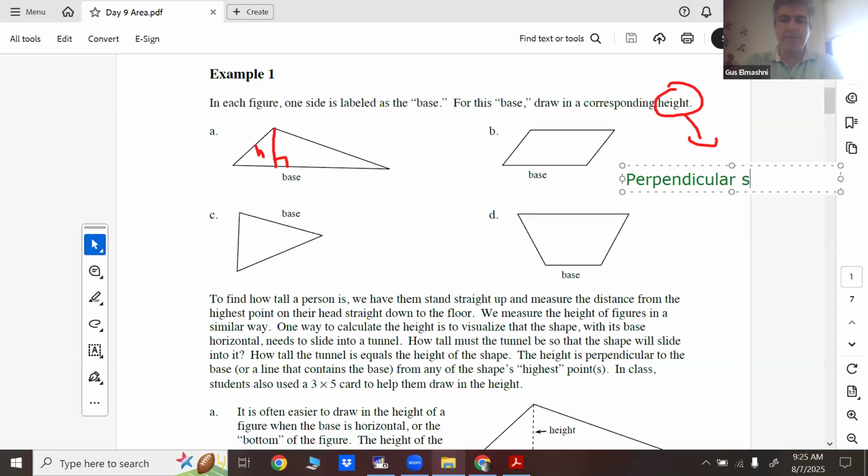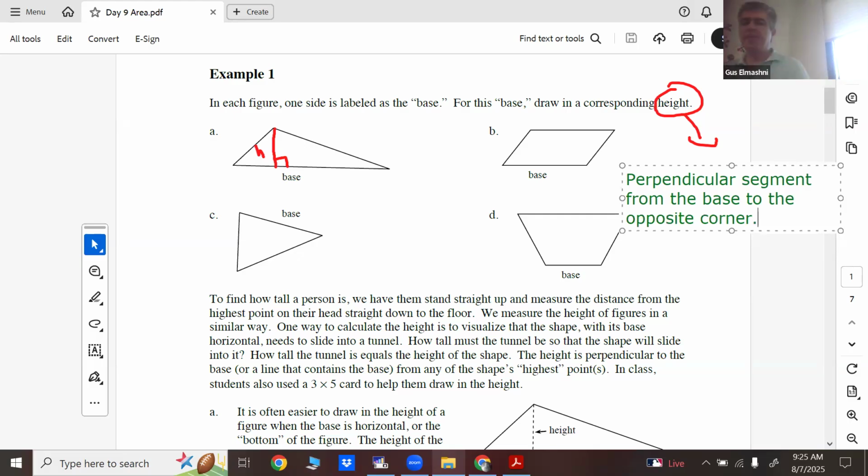Oh my God, perpendicular segment from the base to the opposite corner. Ah, much better. I like that. Yeah, perpendicular segment from the base to the opposite corner. That's your base. Opposite corner.